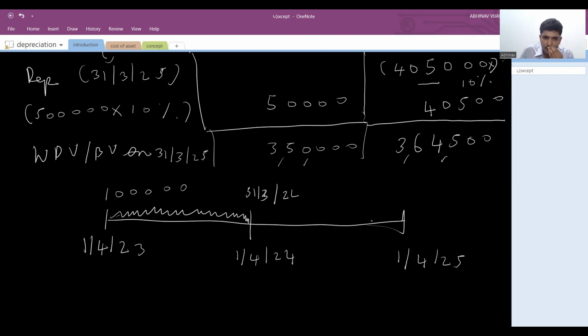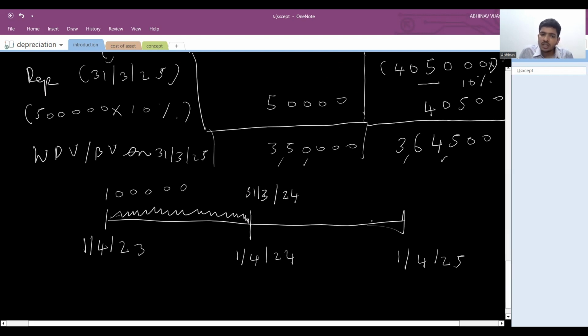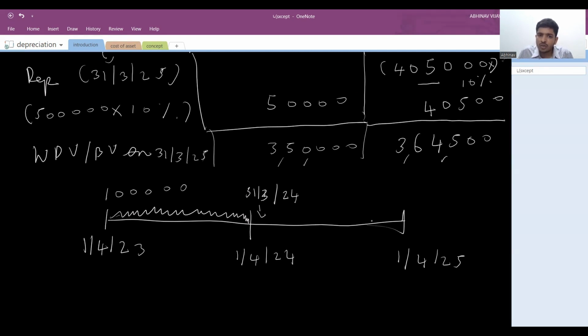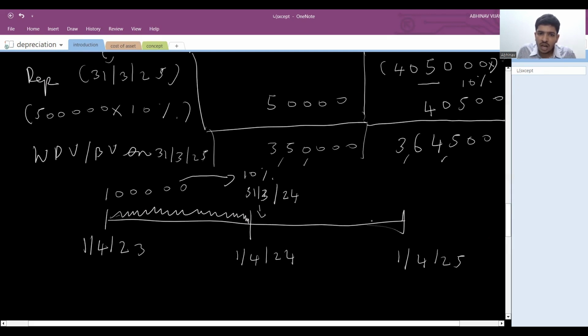That's when you charge depreciation. But 1st April is the start of the next year. There is no difference between 31st March 2024 and 1st April 2024, because the balance at the end of the day is the opening balance at the start of the next day. It is the same. After use for the entire first year, 10 percent is charged on 1 lakh, that is 10,000, under both methods, SLM or WDV.